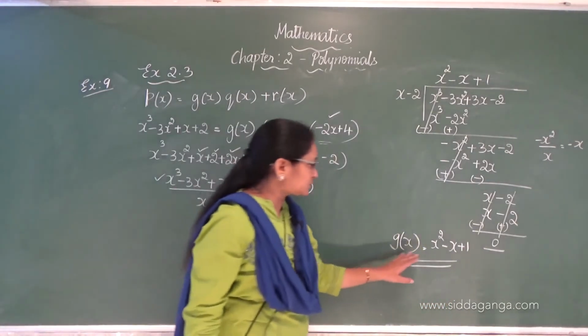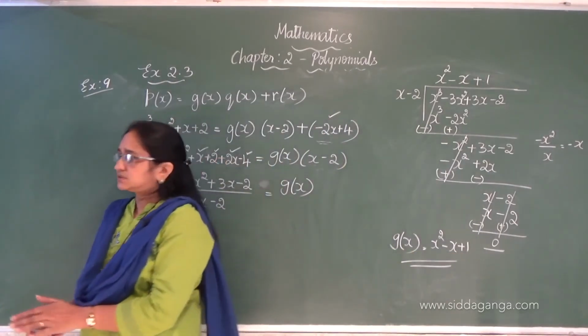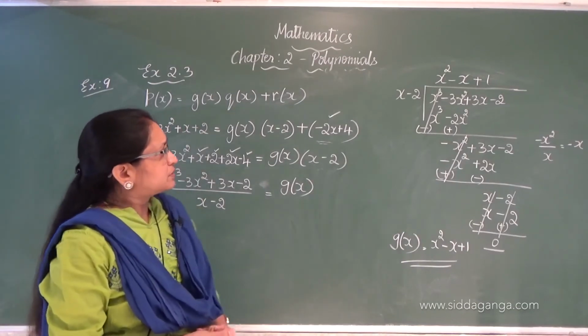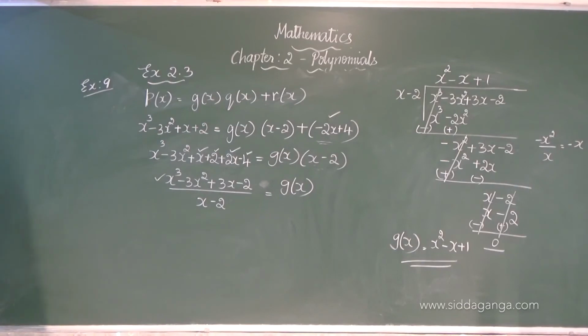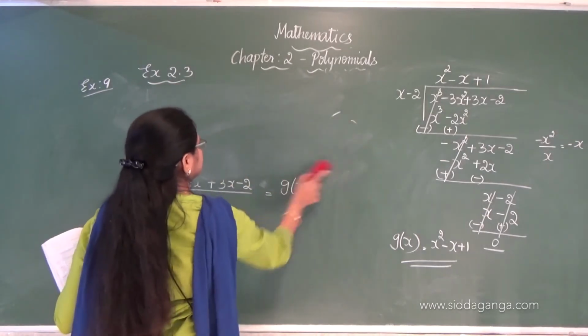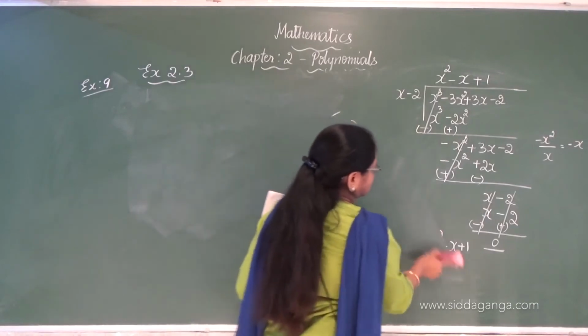G of x is equal to x square minus x plus 1. So this is the only problem they have given in your textbook. Now the last problem, the last problem in your textbook.